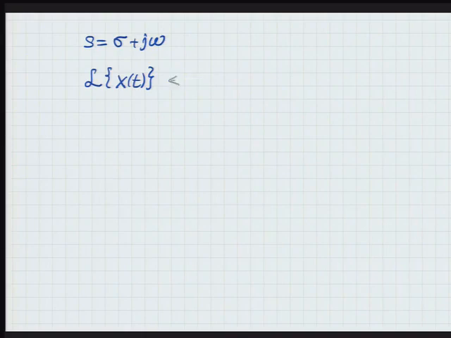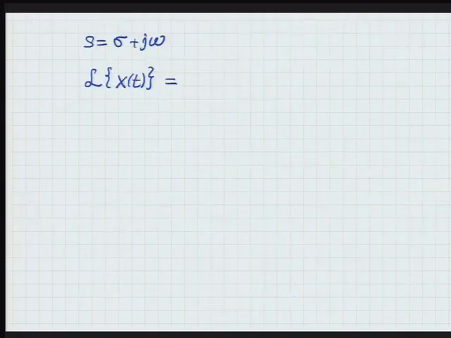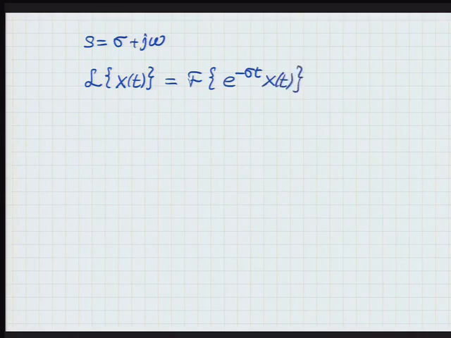So the Laplace transform of x of t, as we saw in example 1 back here, is the same thing as the Fourier transform of e to the negative sigma t times x of t, right? So the only thing that the Laplace transform does is it gives us this real part that you can use as a negotiating bit for the Fourier transform to converge. That's one way to think about it.